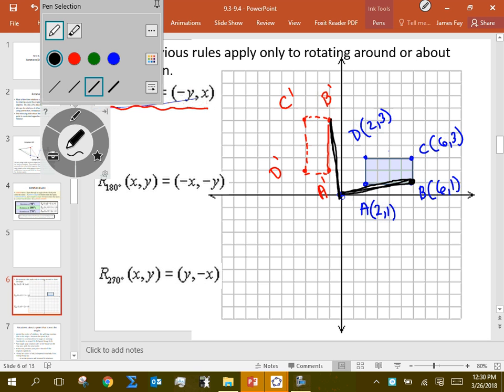So B to the origin and B prime to the origin. If I've done a 90-degree rotation, that angle right there should be what? 90 degrees. Okay? How can I algebraically, if I've got the coordinates of those points, verify that those lines are indeed perpendicular?